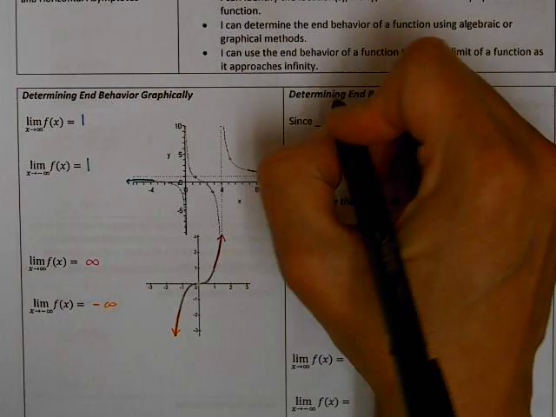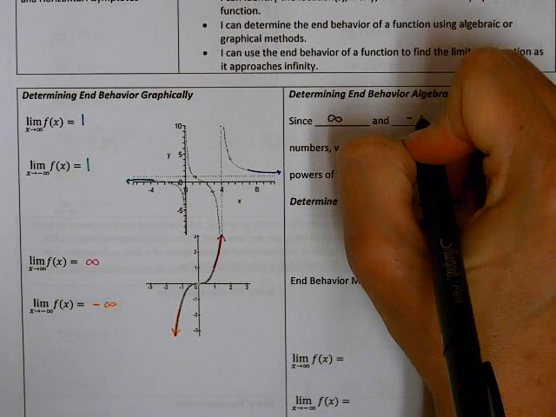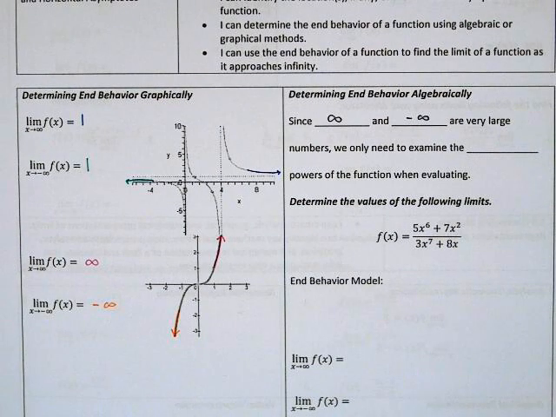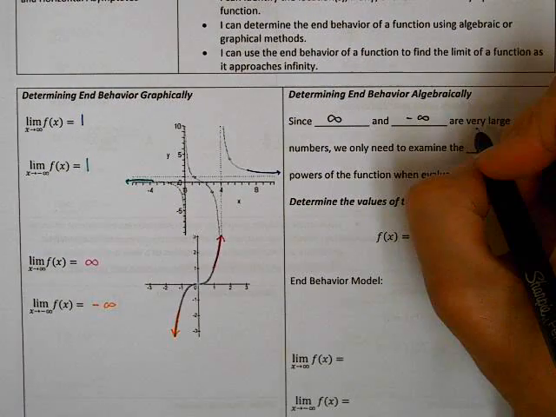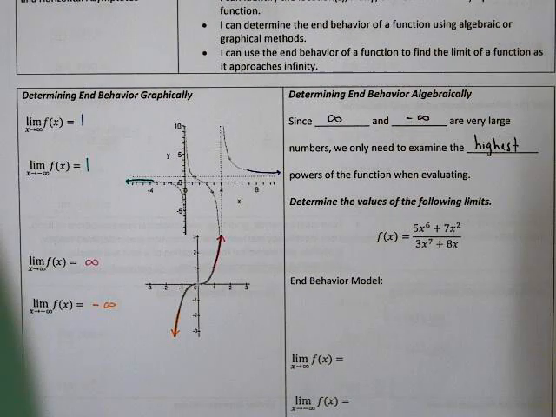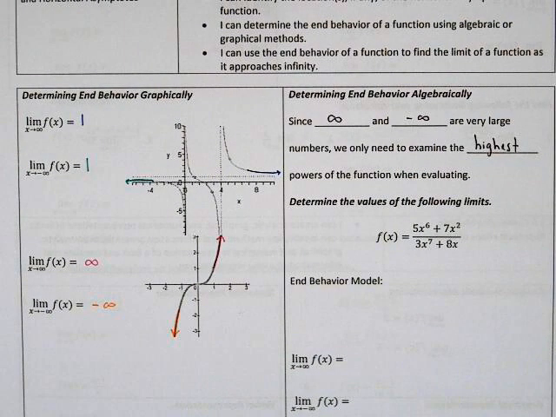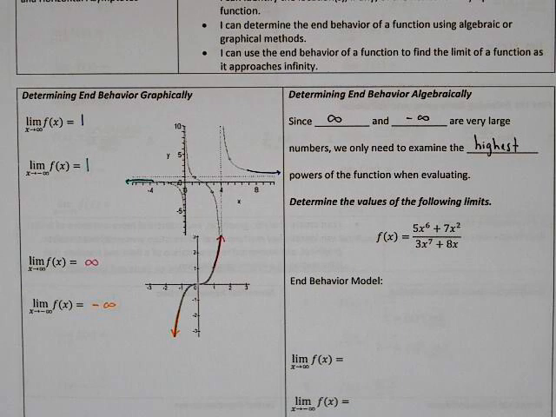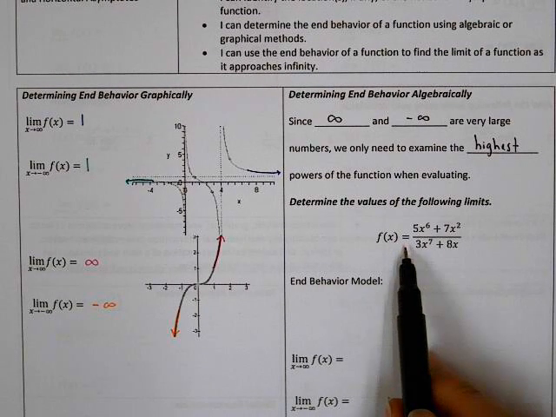So since infinity and negative infinity are very large numbers, we only need to examine the highest powers of the function when evaluating, because those highest powers are what's going to take over when the x values get really big. So here's what we mean by that. Let's say I have this function f of x.